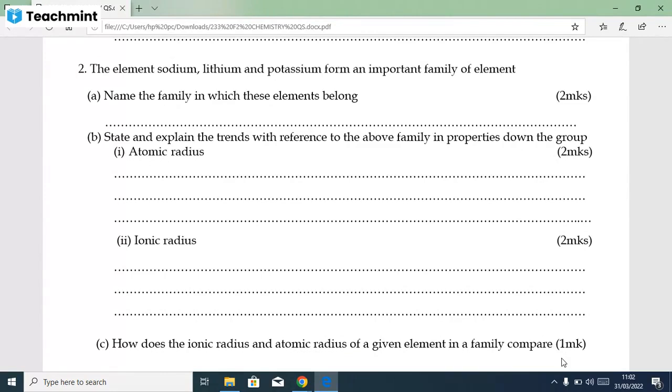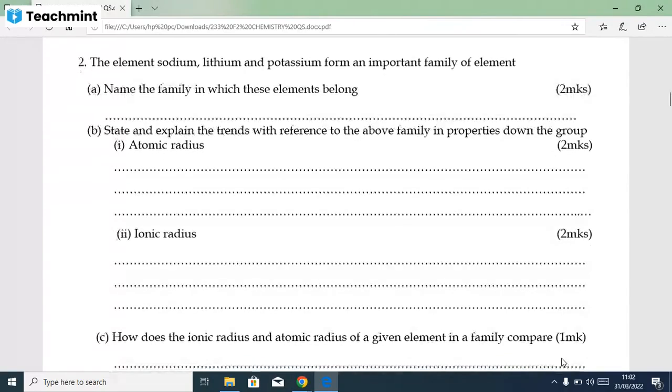Why? Make a trial. It is the same as with atomic radius. There is an increase in the number of energy levels as you go down the group. Okay, part C.